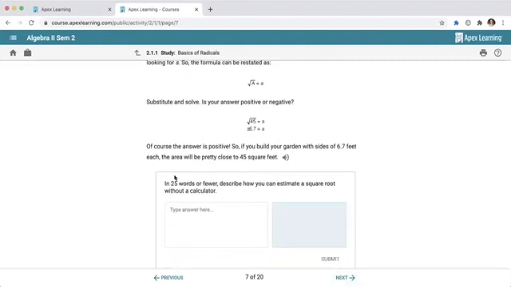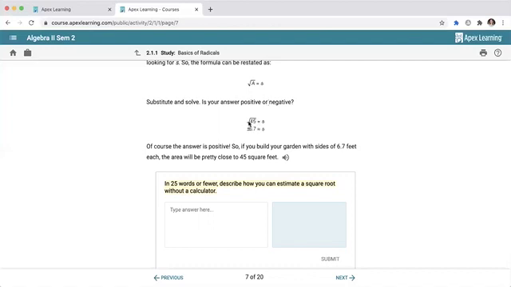And then just a key trick here: if you had to estimate a square root without a calculator, what you would do is find values that you already know the exact square root of. For example, what value when it's squared is close to 45?